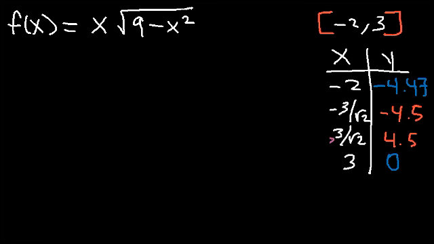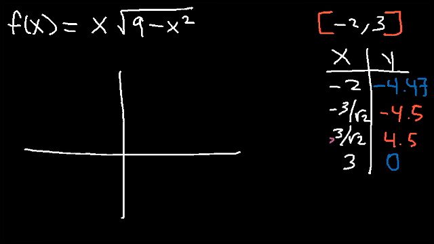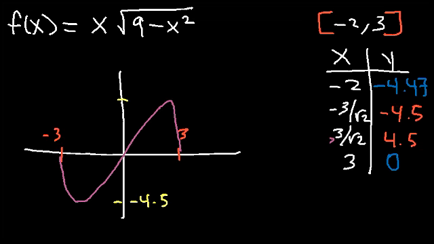If you were to plot it in a graphing calculator, starting from negative 3 to 3, initially it decreases, then it increases, and then it decreases. So this is negative 4.5, and this is 4.5. So you can see that this is the absolute max, and here's the absolute min.